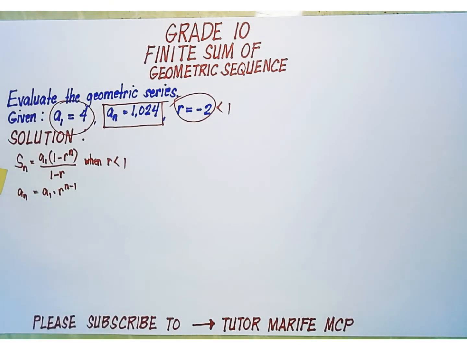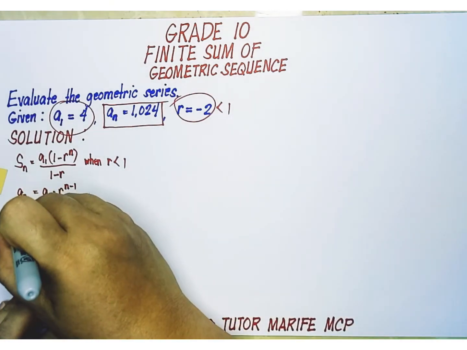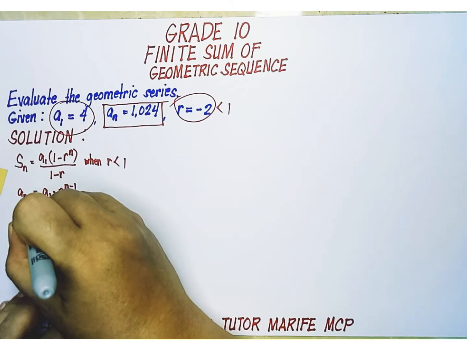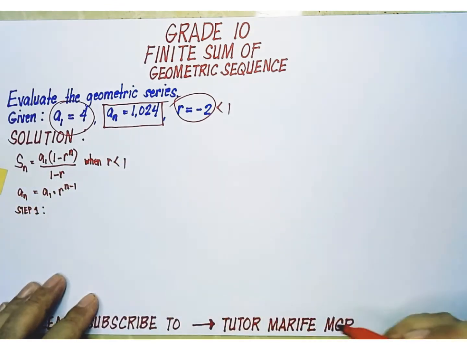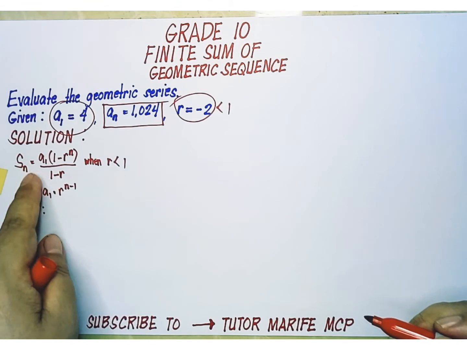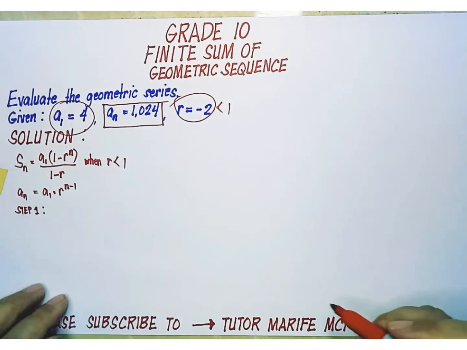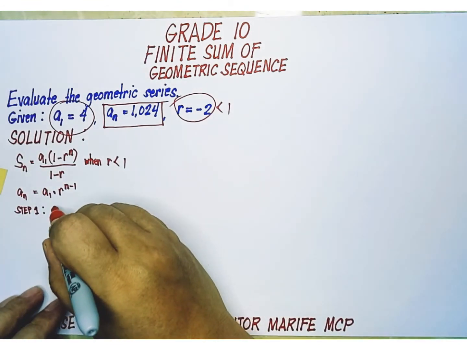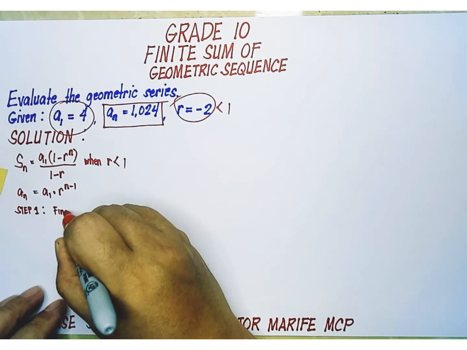So, it's our step 1, solve for n. After that, we can proceed to finding the sum of the geometric sequence. Step 1, we find n.